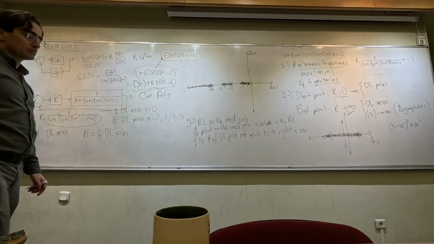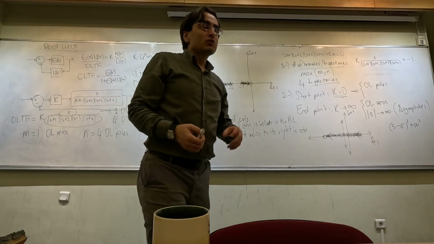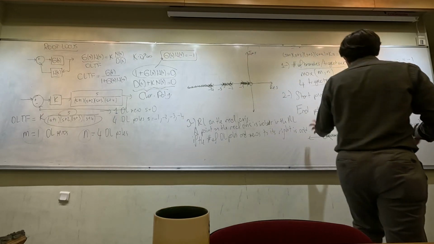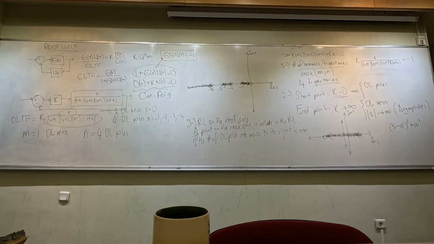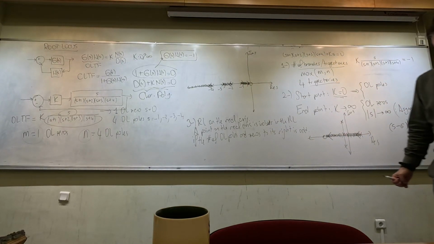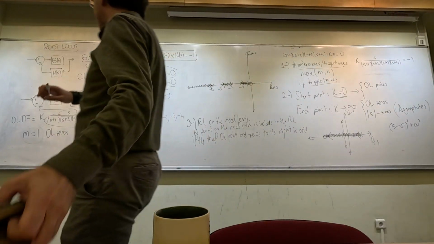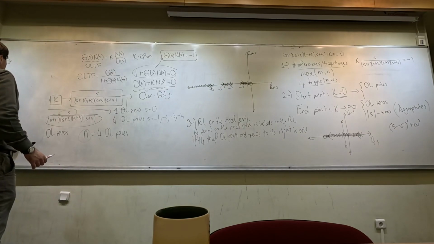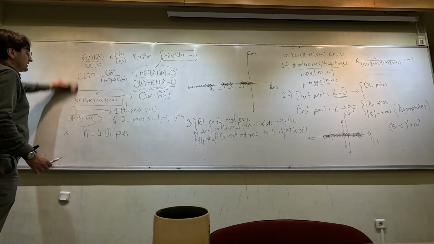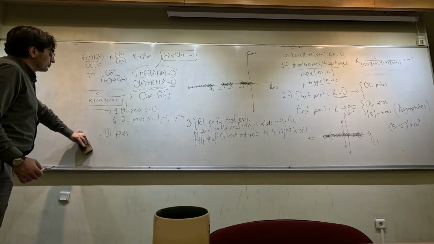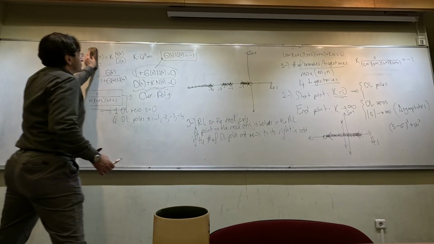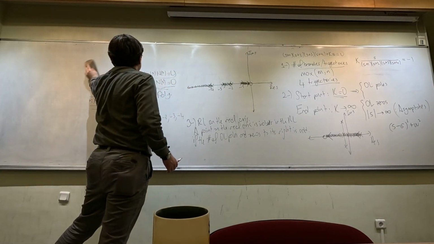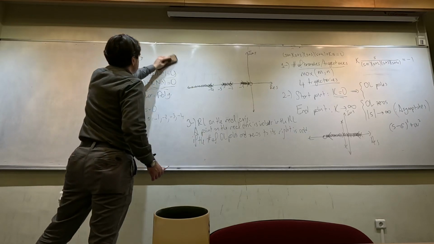Okay? So here the fourth and final rule that we are going to learn is related to the asymptotes. The asymptotes determine the behavior of the root locus when the magnitude of the closed loop poles goes to infinity.